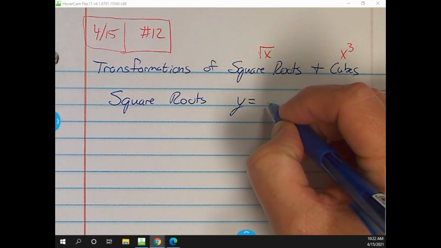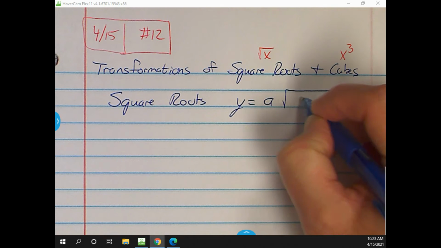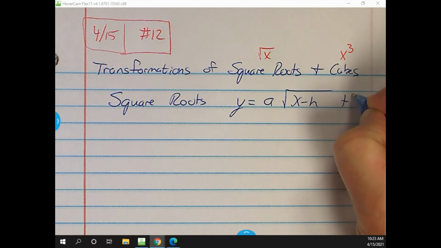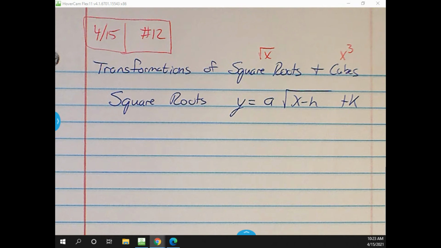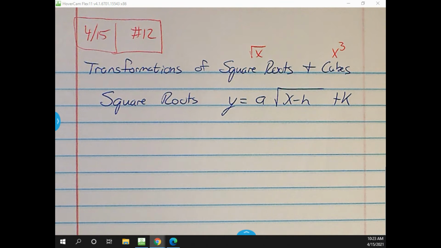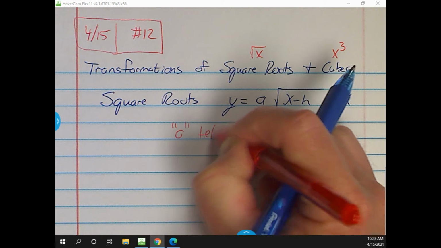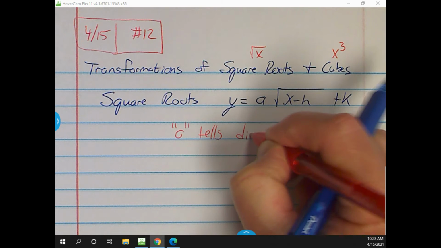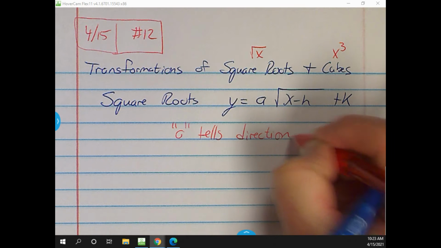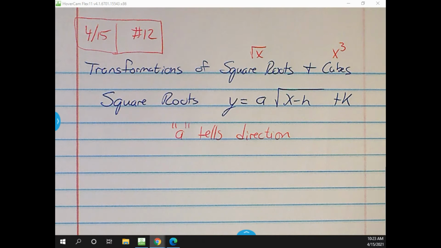The basic shape will look something like that. Now, with the a, yesterday we talked about it being the direction. A is still going to be the same thing. The a part of it still tells you the direction. Positive is up, negative is down.